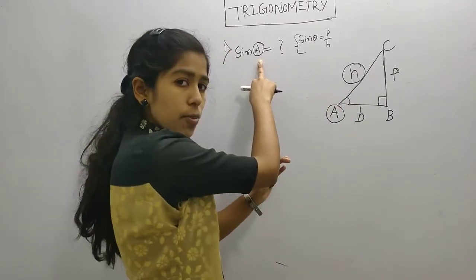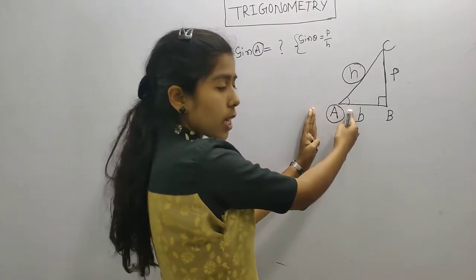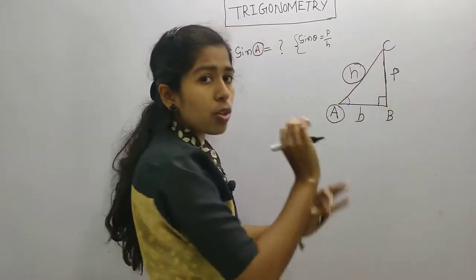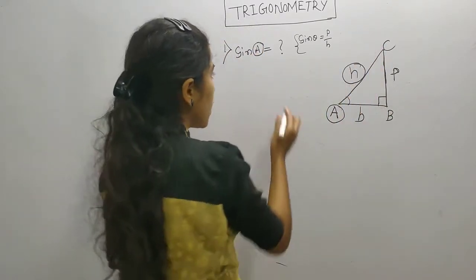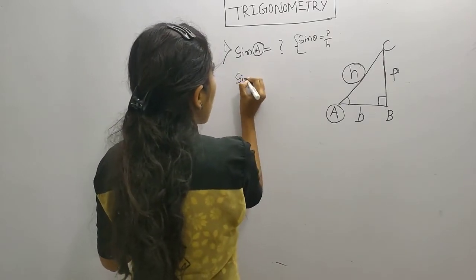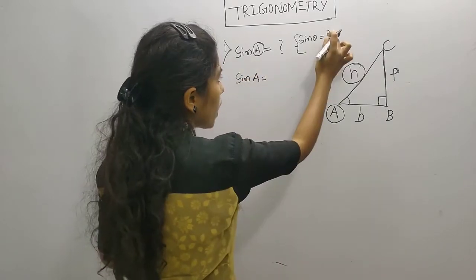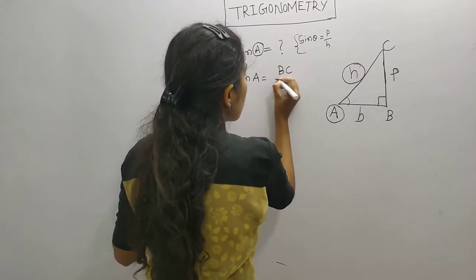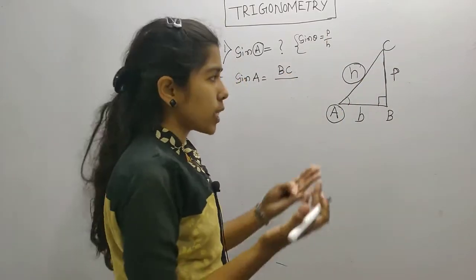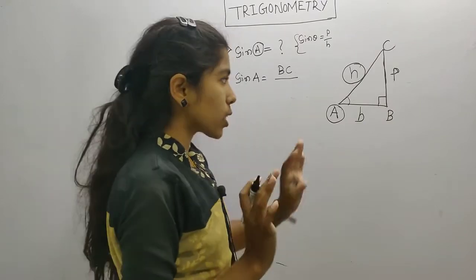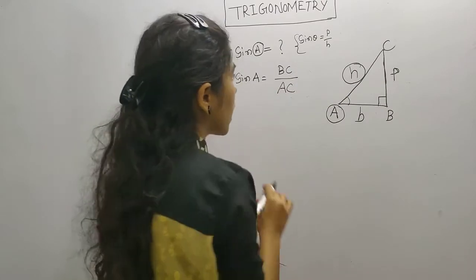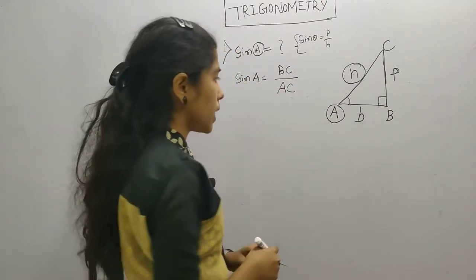So, here A is given. Which side is opposite to angle A? BC. So, BC will be the perpendicular. That means sin A equals P, the perpendicular, which is BC. And by hypotenuse, I told you the hypotenuse is always constant. It means it is AC. So, sin A equals BC by AC.